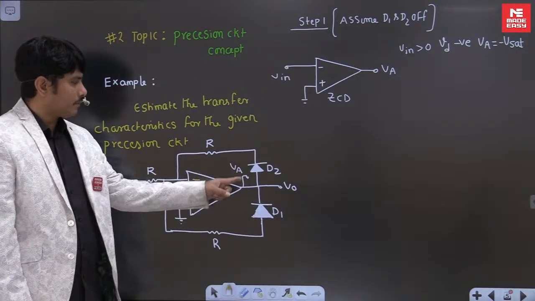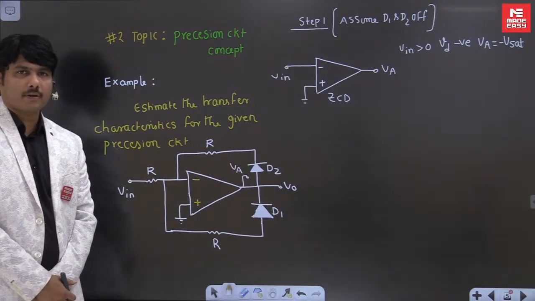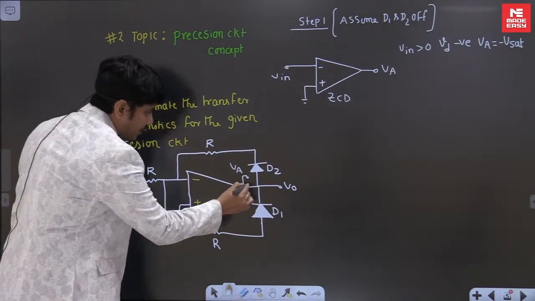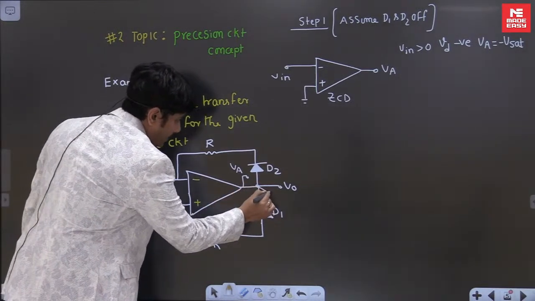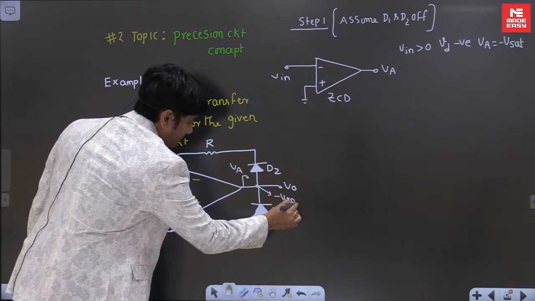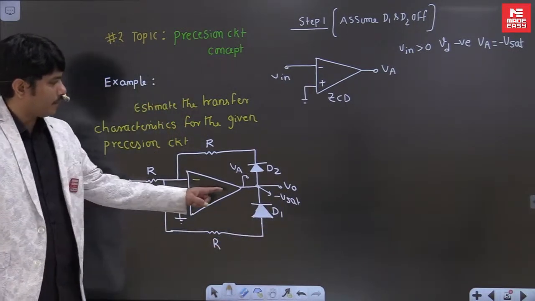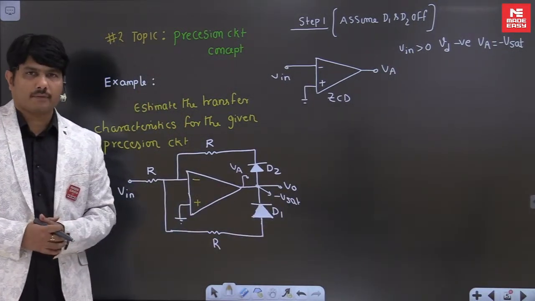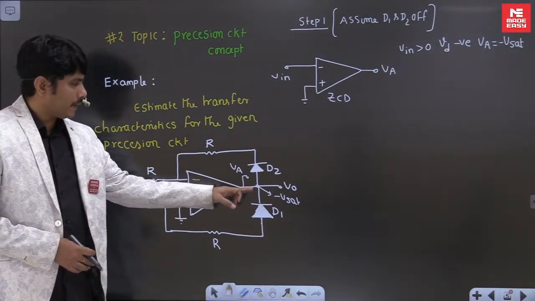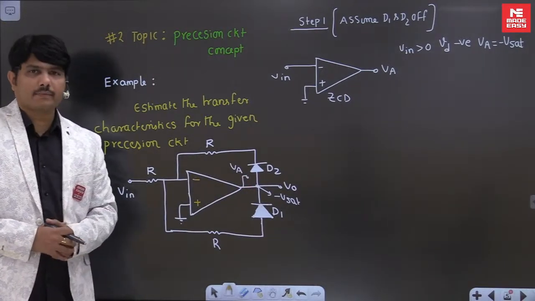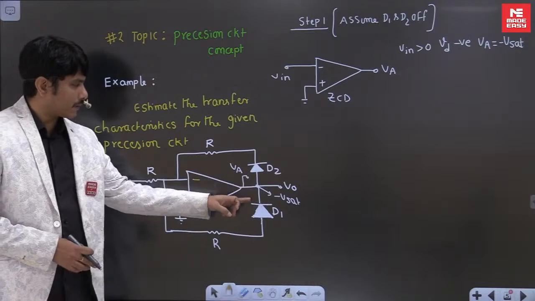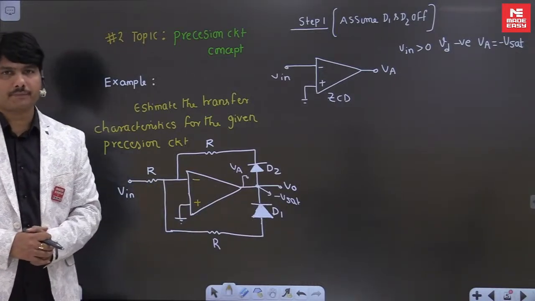That is enough to tell you these two diodes' status in the problem. Okay, suppose you got minus V saturation. It's very easy to confirm which diode is on and which diode is off. One negative sign is connecting to the anode of the diode. One negative sign is connecting to the cathode of the diode.